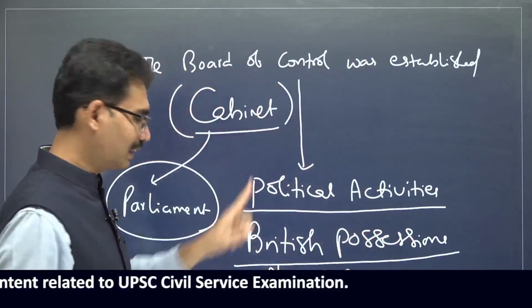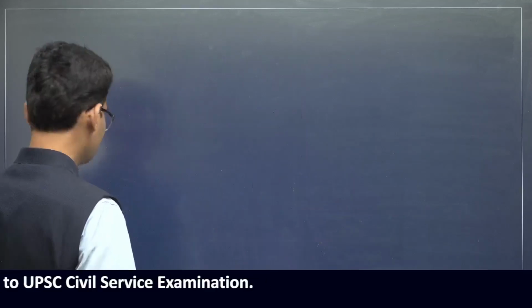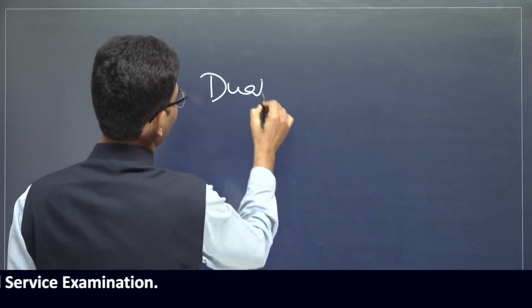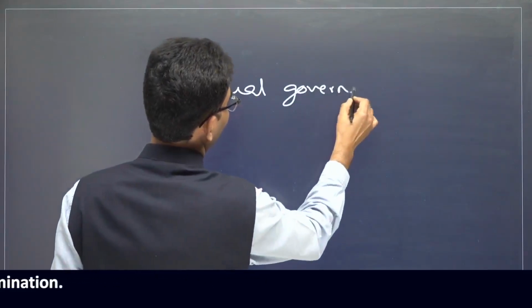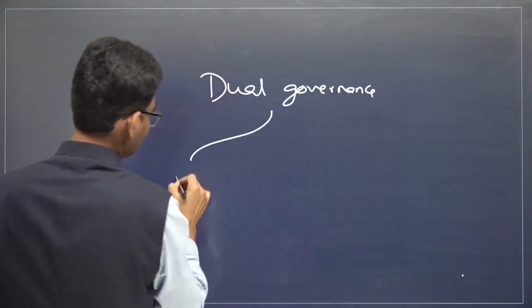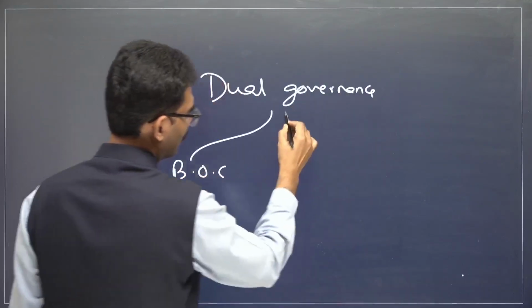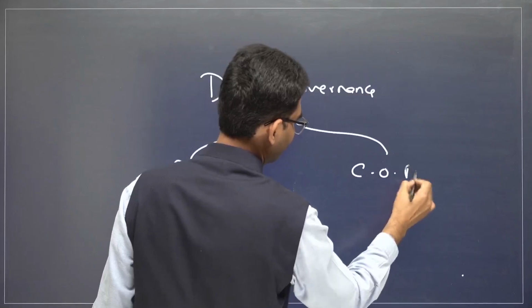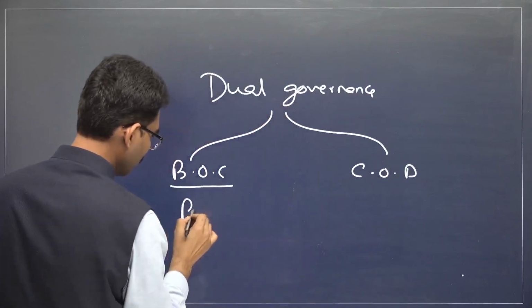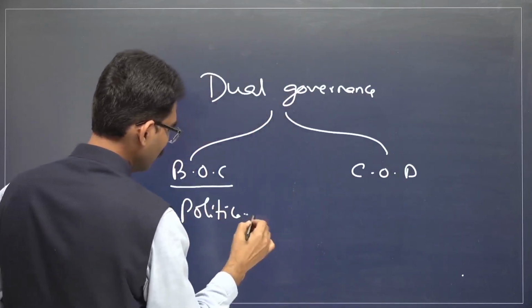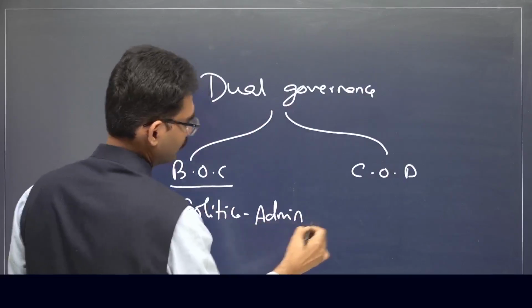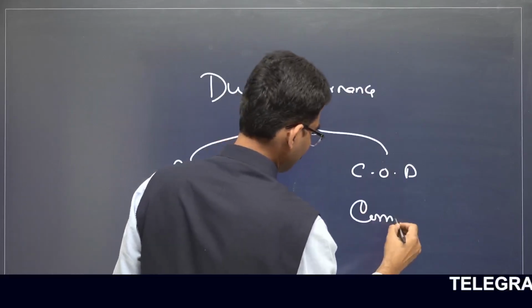Once again, they are establishing dual governance. One side Board of Control, other side Court of Directors. Board of Control, politico-administration, and Court of Directors, commercial.